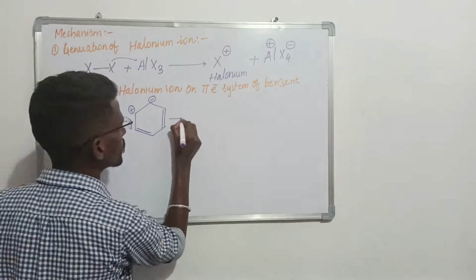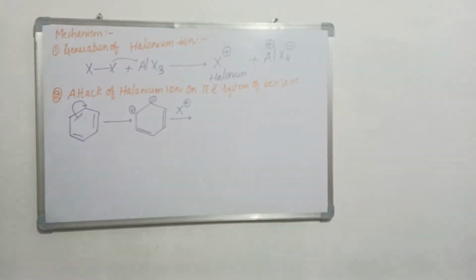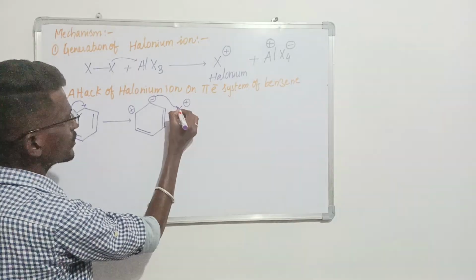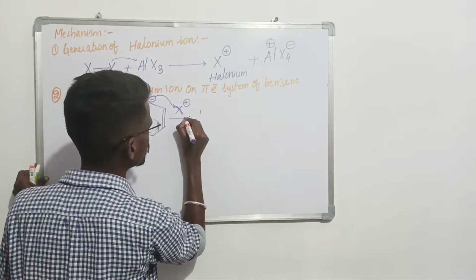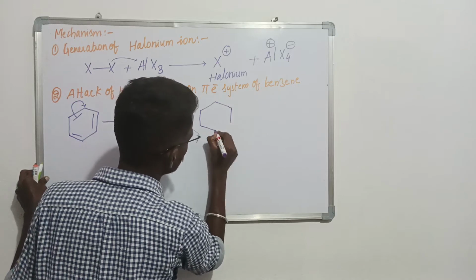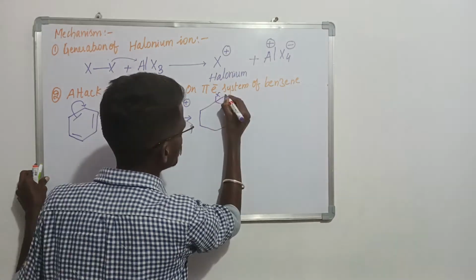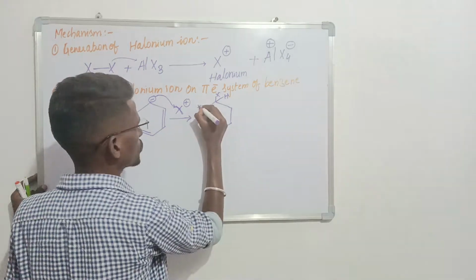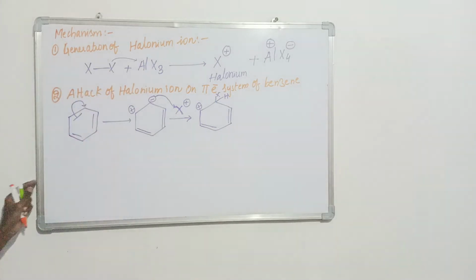Then this negative charge will attack this halogen ion, which has a positive charge, and it will be converted into the halobenzene intermediate. So the halogen will be formed over here and the hydrogen will be present over here, with a positive charge and a double bond system present here.